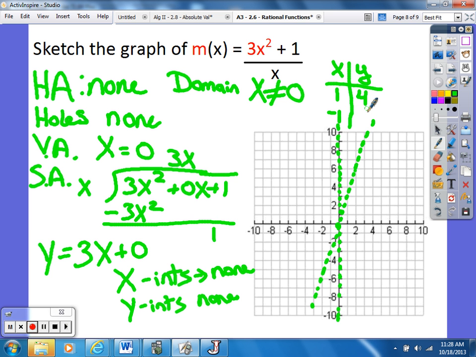And if I plug in negative 1, squared is 1, times 3 is 3, plus 1 is 4, over negative 1. So that's negative 4, right? So I'm going to plot that 1 comma 4. Hey, look, I'm inside of there, aren't I? You see that? 1, 4 is inside of that little triangle. And negative 1, negative 4 is also inside that triangle.